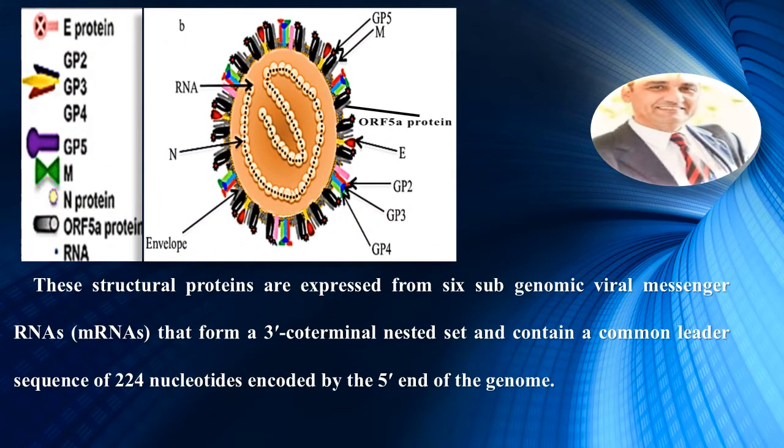These structural proteins are expressed from 6 subgenomic viral messenger RNAs that form a 3' coterminal nested set and contain a common leader sequence of 24 nucleotides encoded by the 5' end of the genome.